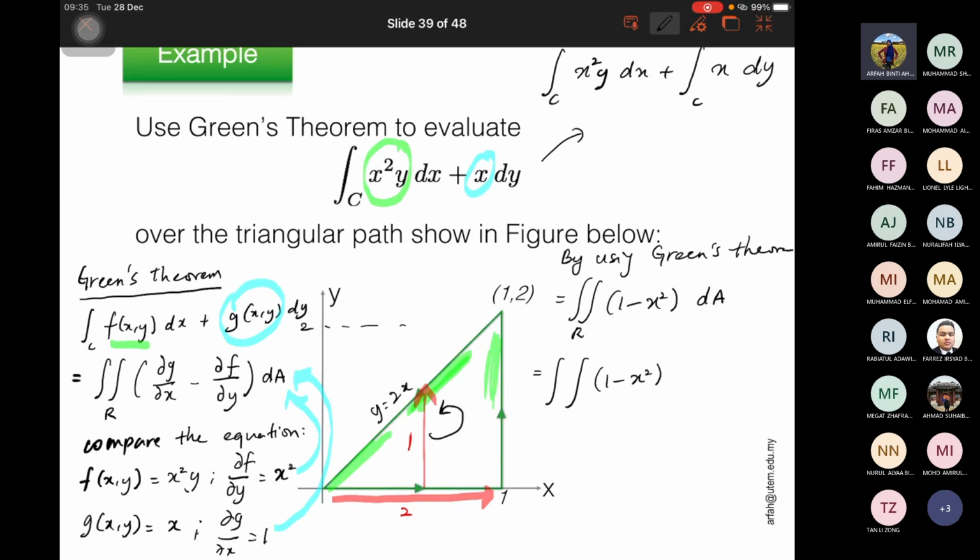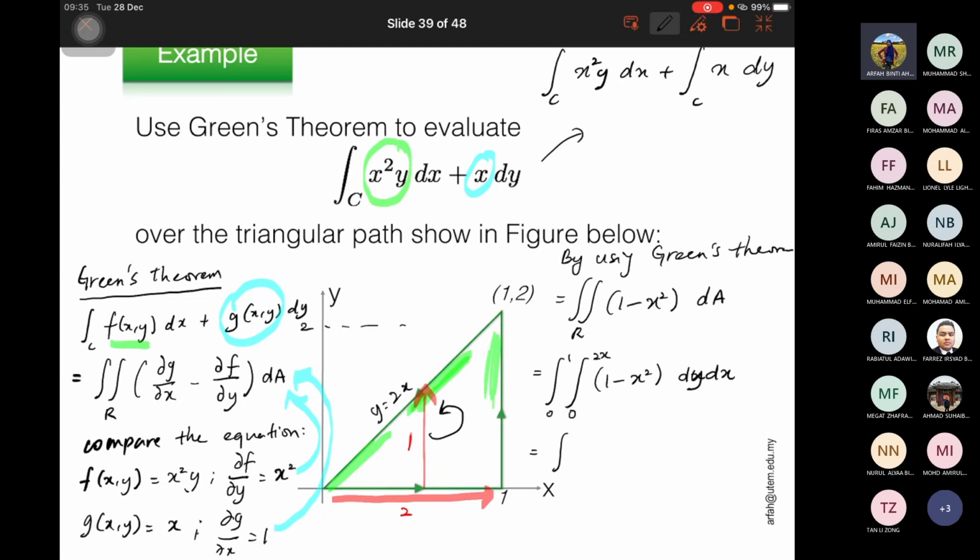This is for type 1, from 0 up to the line 2x, dx. The second is from 0 to 1, dy, dx. Okay.